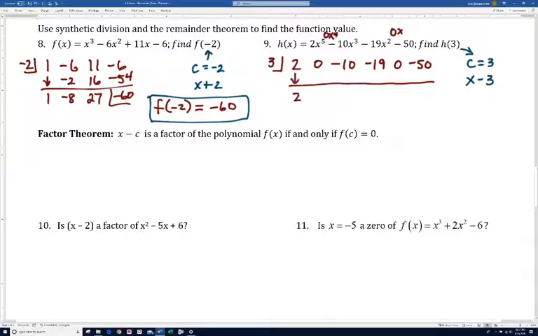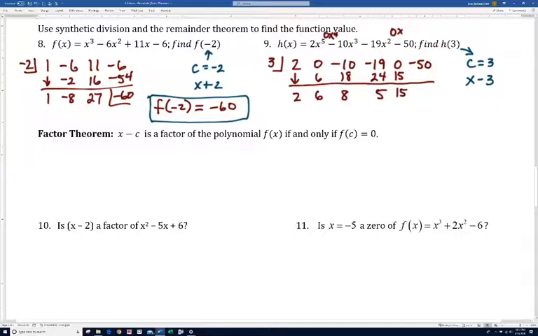Let's go ahead and bring down the 2, and then we'll do our multiply add here. So 2 times 3 is 6. When we add, we get 6. 6 times 3 is 18. When we add, we get 8. 8 times 3 is 24. When we add, we get 5. 5 times 3 is 15. When we add, we get 15.